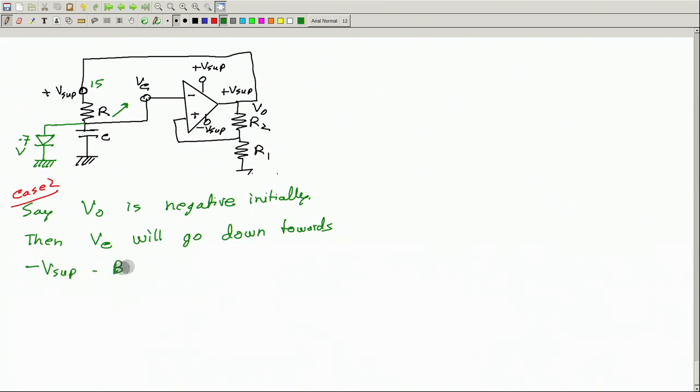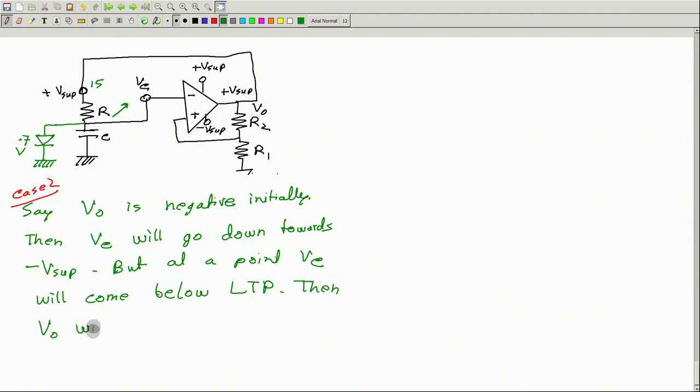But before that, at a point this voltage Vc will come below the lower trigger point of the Schmitt trigger. So, it will come below the lower trigger point and then what will happen? The output will change. Initially it was negative, so now it will become positive, change to plus V supply.